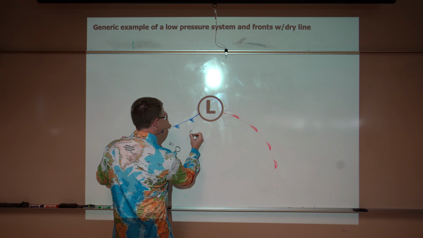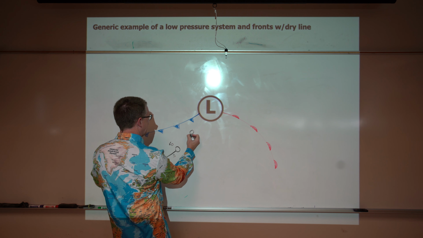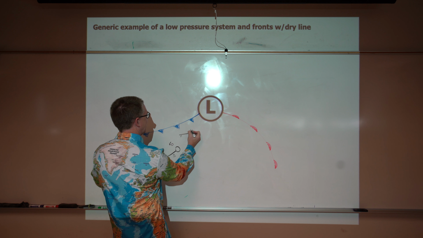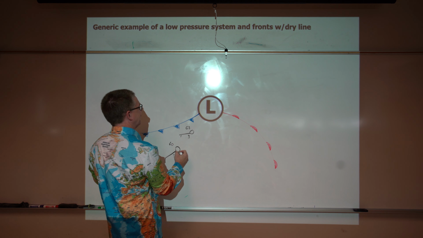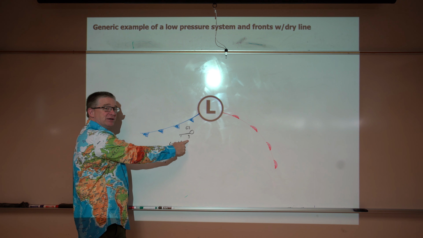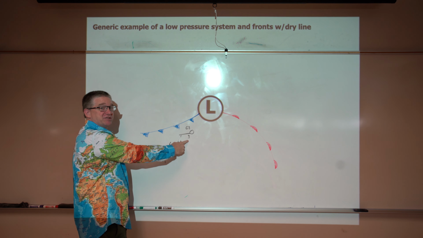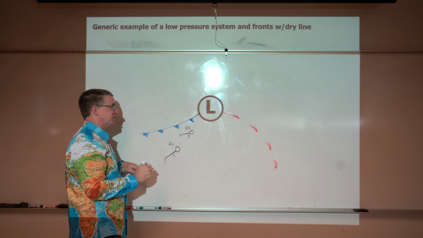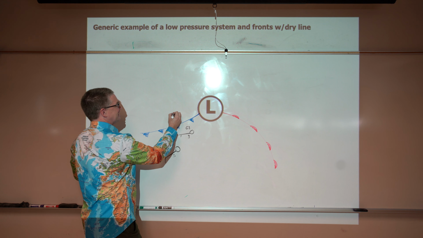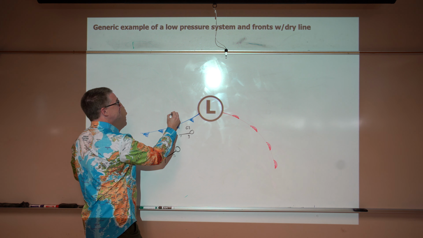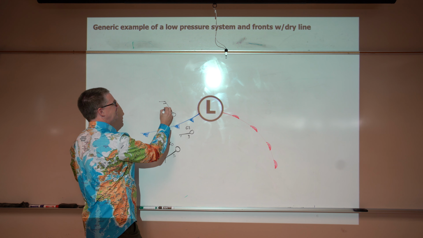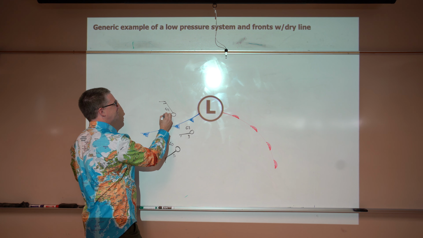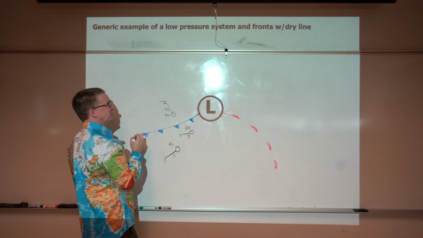Let's say I've got another one here, let's say this is 62 and 3 degrees. So 62 degrees Fahrenheit, 3 degree dew point. That's a pretty big dew point spread, the difference between temperature and dew point. Whereas this one here maybe is going to be 42 degrees temperature with a 40 degree dew point.